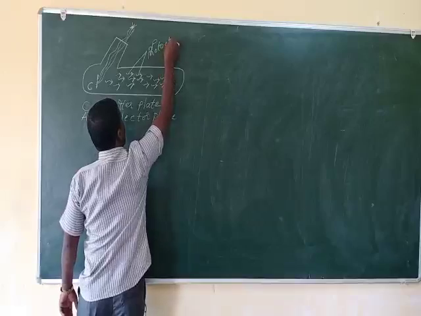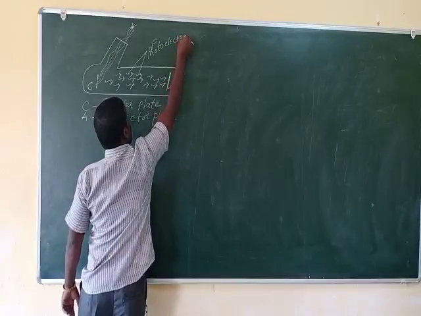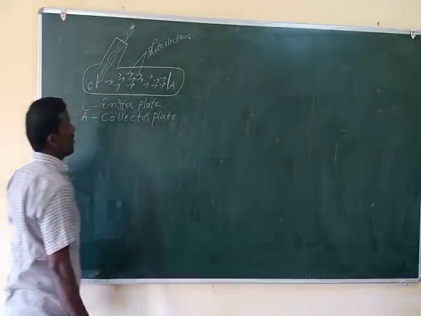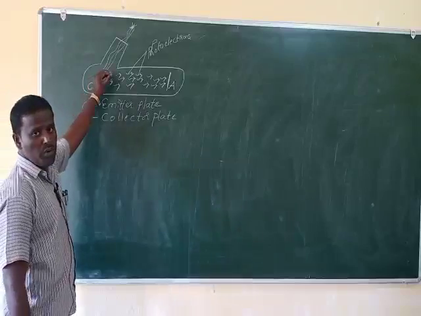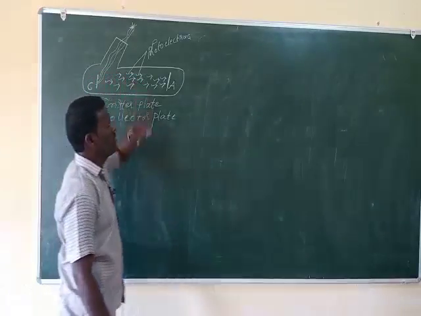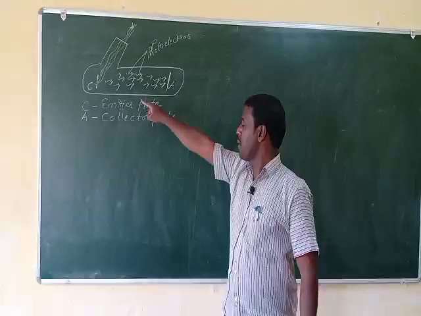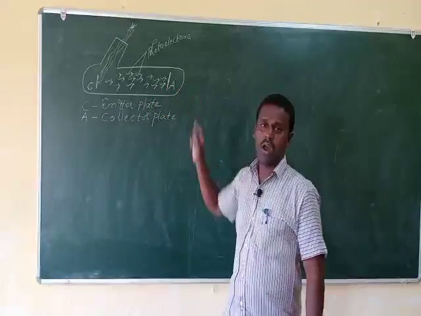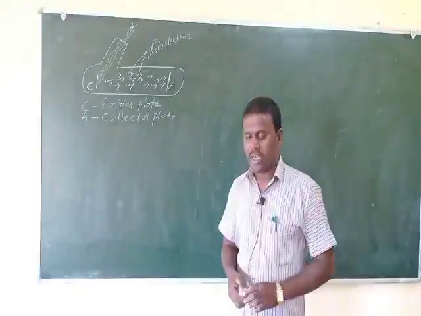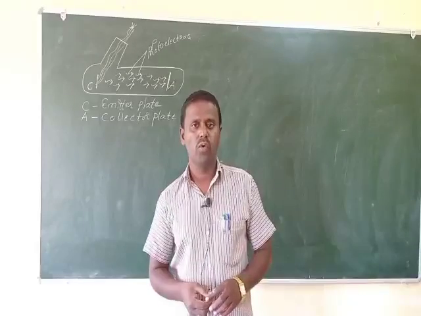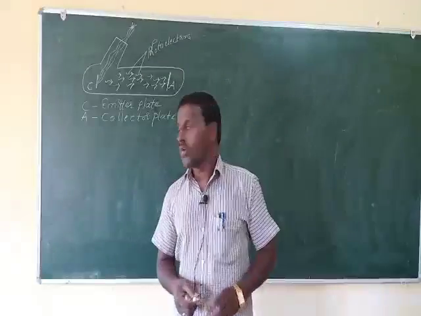The flow of photoelectrons from the emitter plate to the collector plate constitutes what is known as photoelectric current.